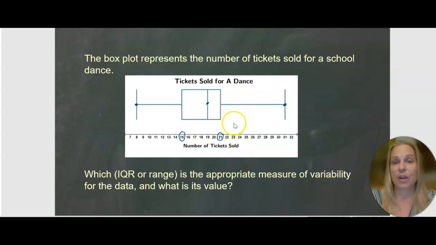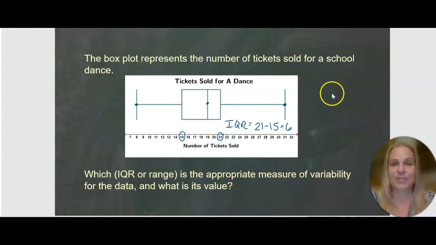So to get our IQR, we subtract them. So 21 minus 15 is 6. So that is our IQR. Now we're going to use our two formulas.